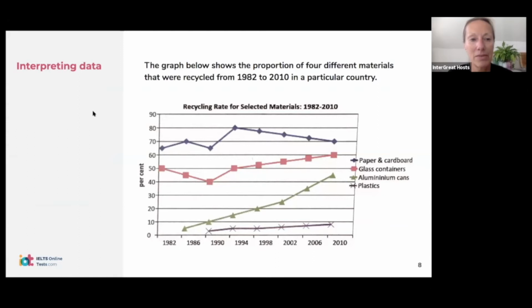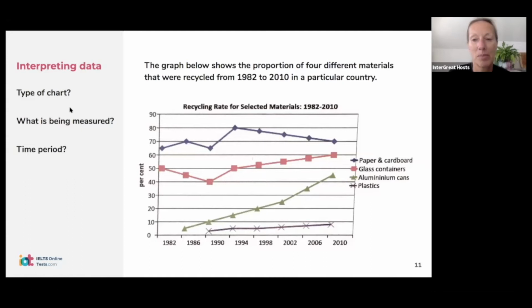Interpreting data. Okay, what type of chart is this? Yeah, it's a line graph. That's right. So that's what you need to understand first of all. And what is being measured? Yeah, so recycling rate for selected materials, for certain materials.